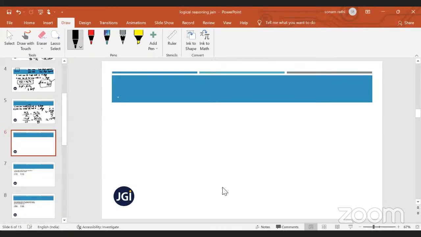Let's say 8 men can do a work in 16 days working 6 hours a day.